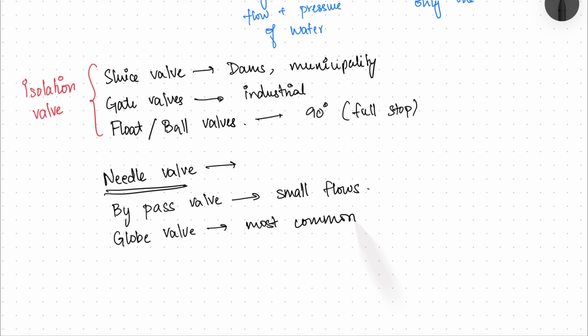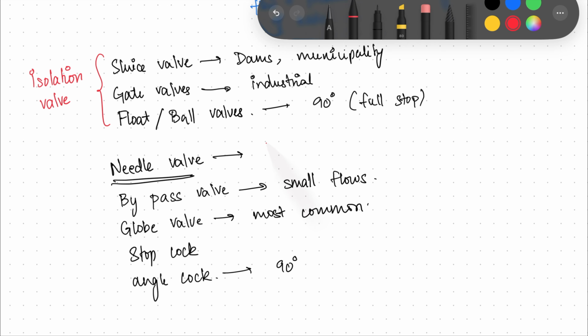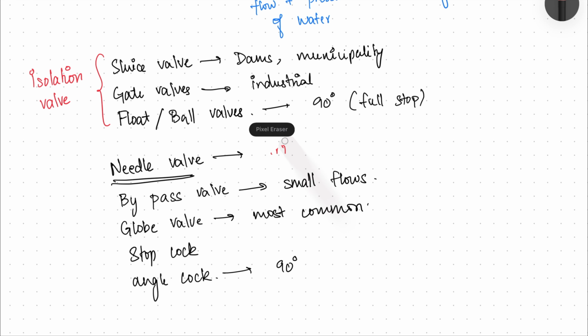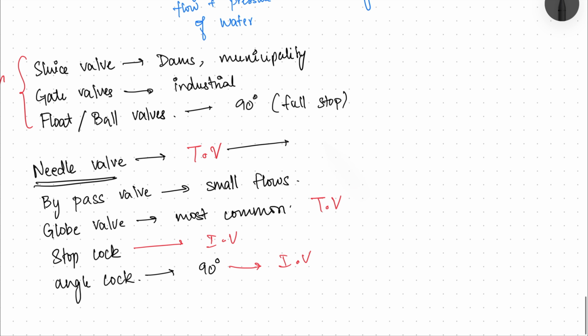Then there is stopcock or angle cock. Angle cock again means 90 degrees, a full stop or a full on. And if you see here, your needle valve is a throttling valve. Your globe valve is also a throttling valve. Stop valve is an isolation valve, and so is your angle cock. There is another type of throttling valve called the butterfly valve.